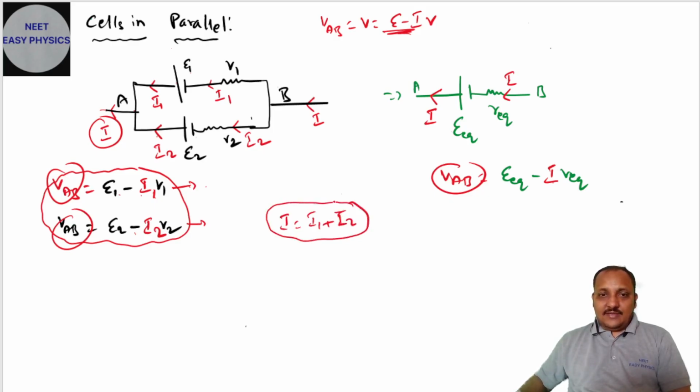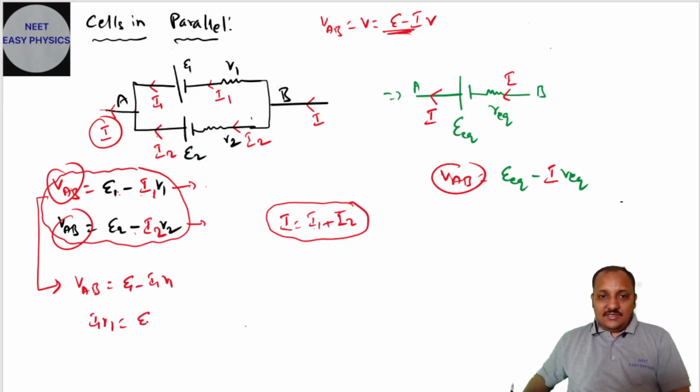So voltage is the same whenever capacitors, resistors, or cells are connected in parallel. Now we should calculate I1 and I2 from these equations. From this equation, VAB is equal to E1 minus I1 R1.